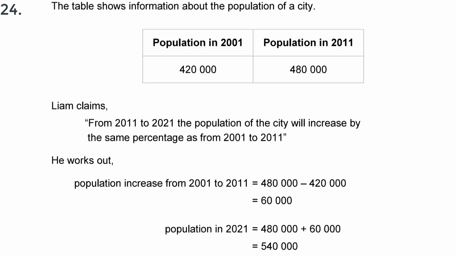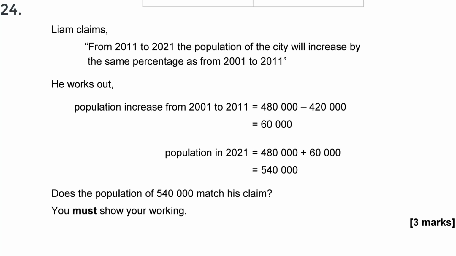He works out the population increase from 2001 to 2011 is 480 subtract 420, which is 60,000. So the population in 2021 should be 480 plus 60, which is 540. Does the population of 540 match his claim? You must show your working.